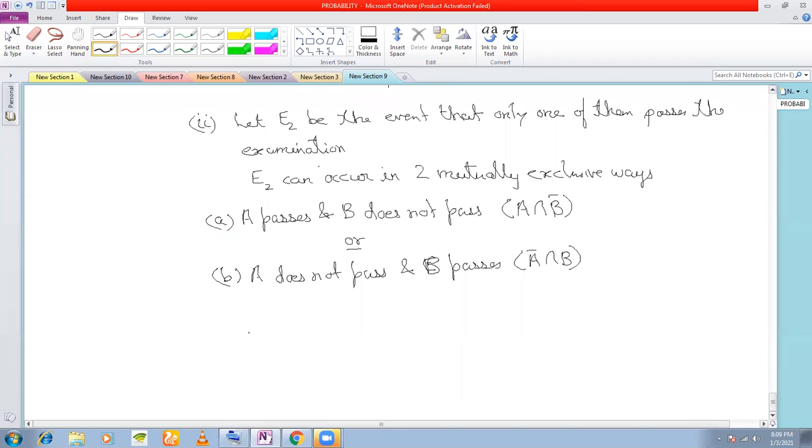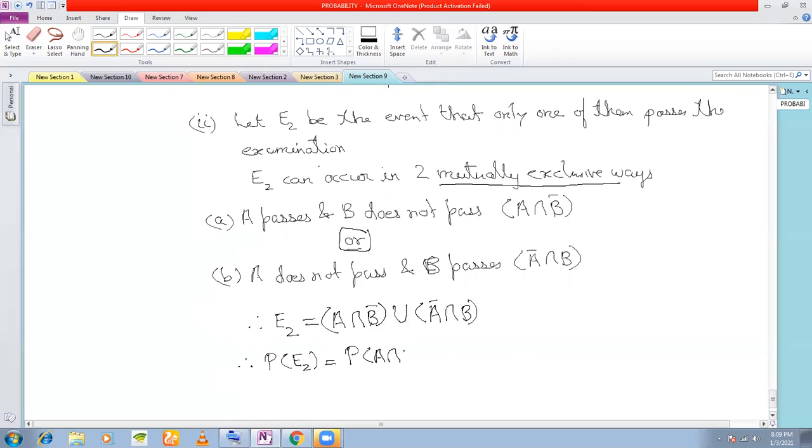So this event E2, just underline two mutually exclusive, remember. E2 is nothing but A intersection B bar, and because of this OR, we have a union, A bar intersection B. That means what is P(E2)? It is the sum of the probabilities of these two events because these two are mutually exclusive.